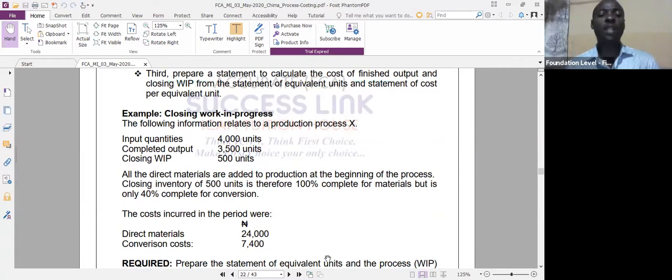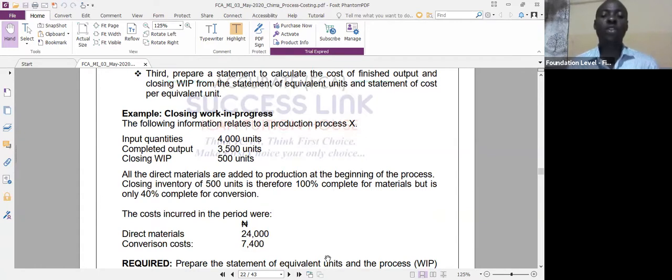Now, all the direct materials, that is 100% of the materials, are added to the production at the beginning of the process. So in other words, the direct materials is 100% complete. Closing inventories of 500 units is therefore 100% complete for materials, but it's only 40% complete for conversion.